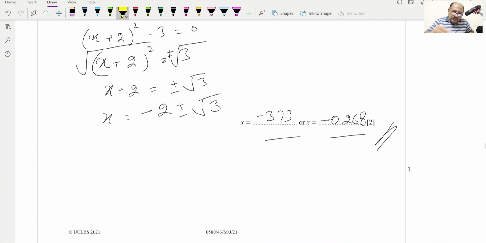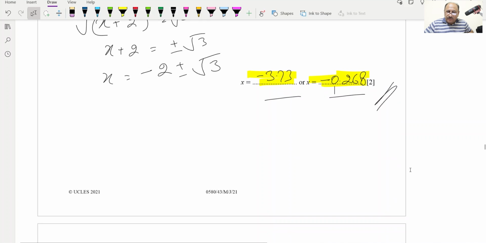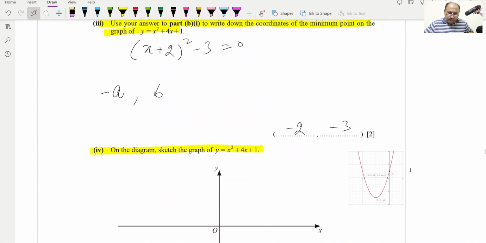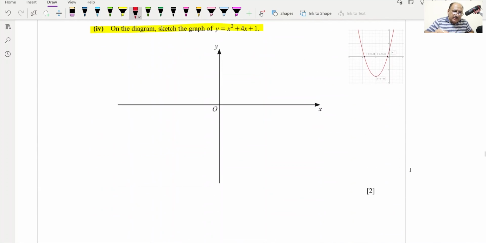We have these two x intercepts, these two values we will be using, minus 0.27 and minus 3.7. Minus 0.27 we can take over here, and this value we can take over here, minus 3.7.